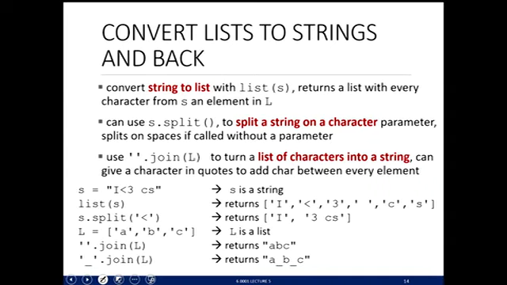Much like we cast a float to an integer, for example, you're just casting a string to a list here. When you do list(s), this is going to give you a list that looks like this, where every single character in s is going to be its own element. That means every character is going to be a string, separated by a comma, including spaces.